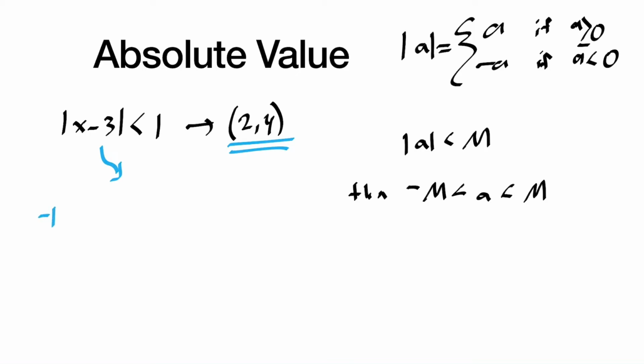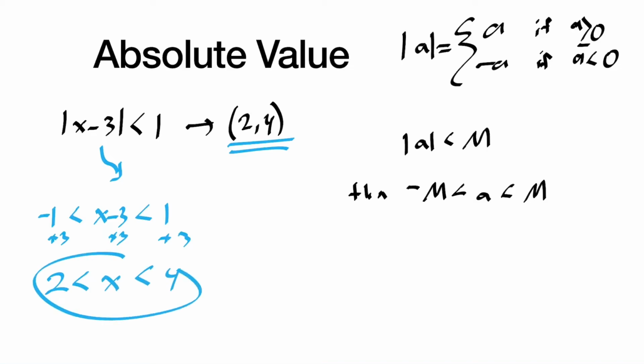That would mean negative 1 is less than x minus 3 is less than positive 1. And then I can just add 3 to all of these sides: add 3, add 3, add 3. Negative 1 plus 3 is 2, this is x, and 3 plus 1 is 4. And what do I see?